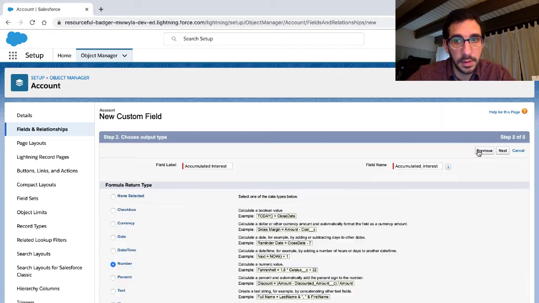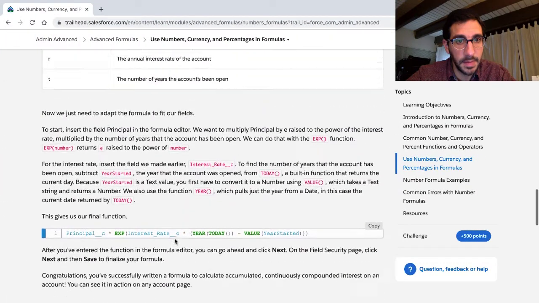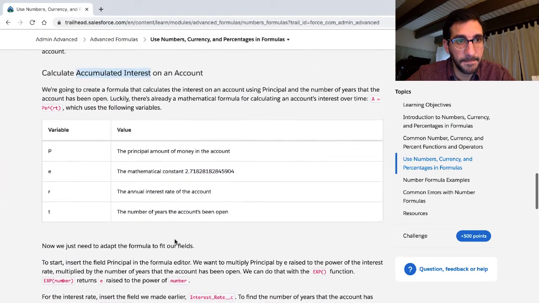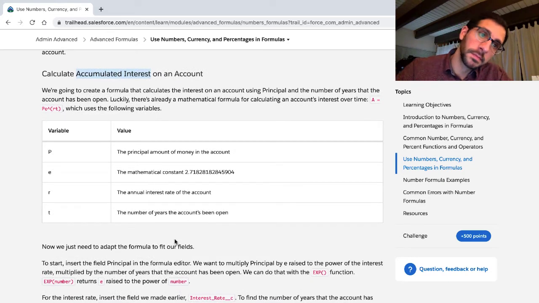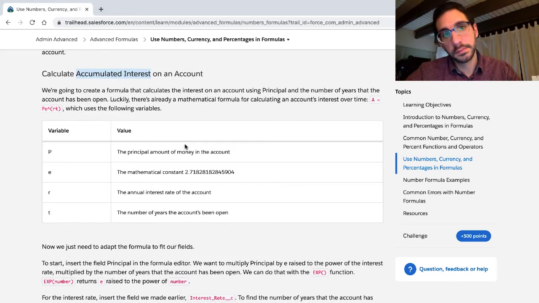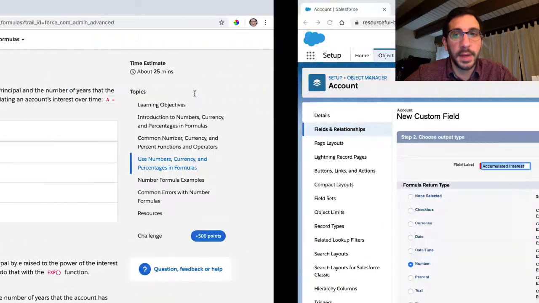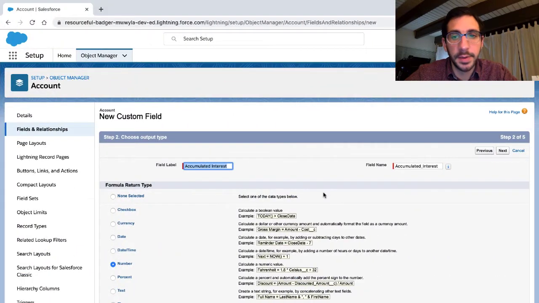Well, it's actually going to be a currency, right? The interest on an account. How much interest the account has accumulated over time of paying back a loan, so that's going to be just a number.